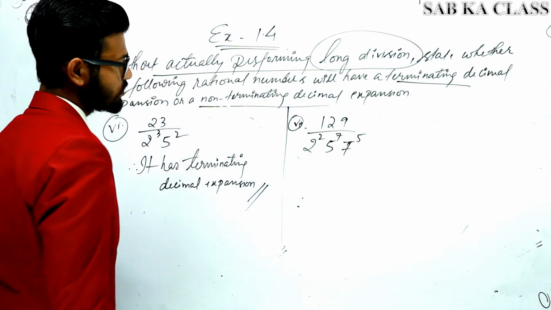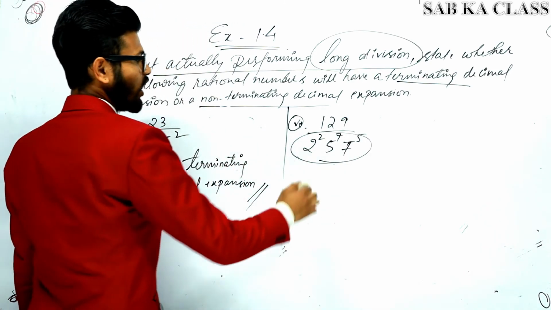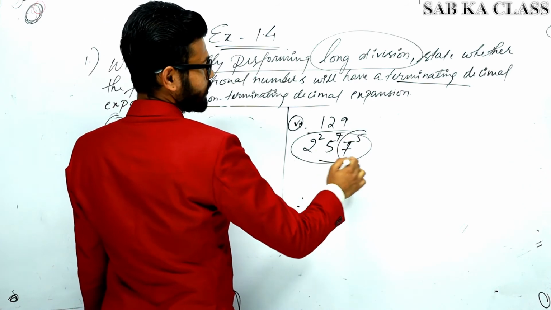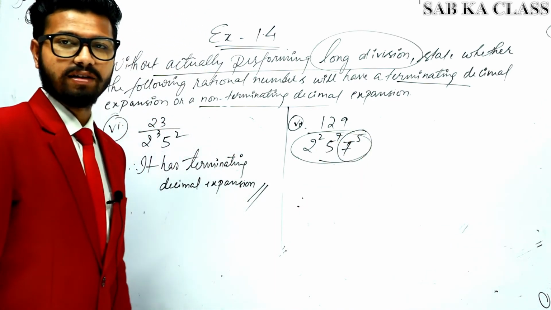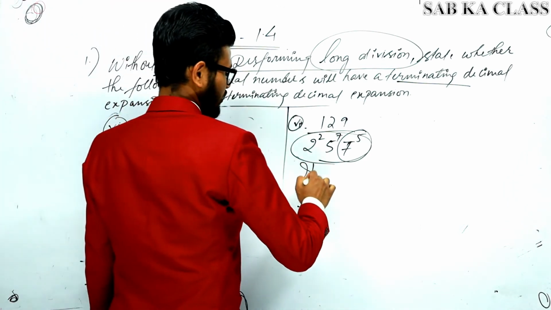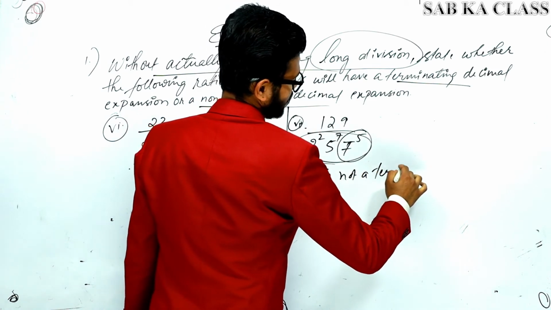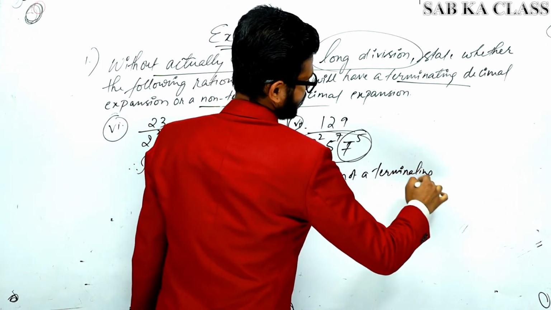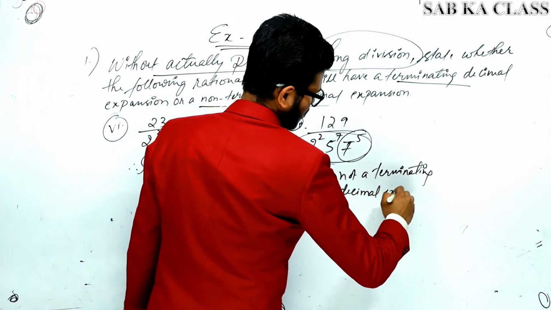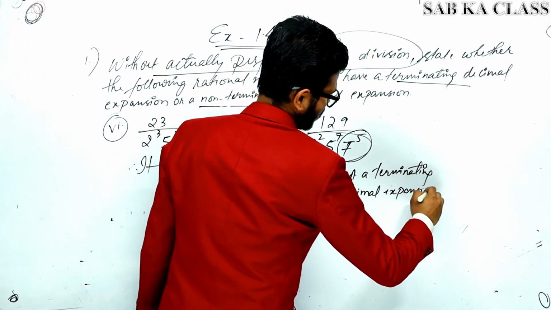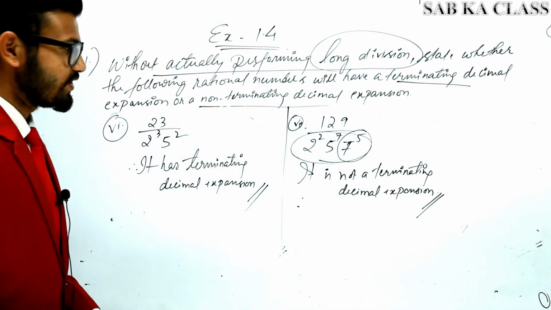By looking at the question, we can say it is a non-terminating decimal expansion, because along with 2 and 5, 7 is also present. Therefore, it is not a terminating decimal expansion. Crystal clear? Very good.